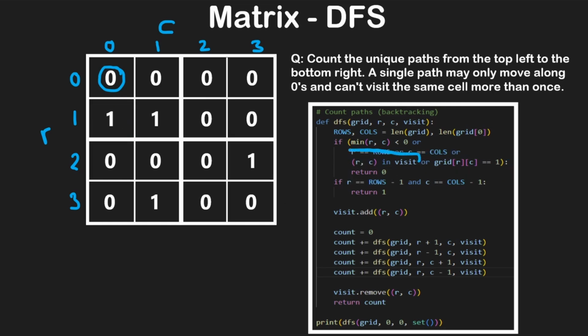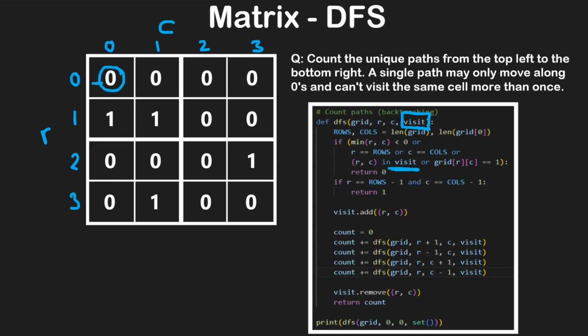Now, the other case is if we reach a position that we've already visited before. And what is this visit actually going to be? Well, it's going to be a hash set data structure. So that's what we're going to end up passing in. It's not super clear in Python because we don't have static typing, but this visit is going to be a hash set. And it's going to tell us if we visited a position before along a given path.